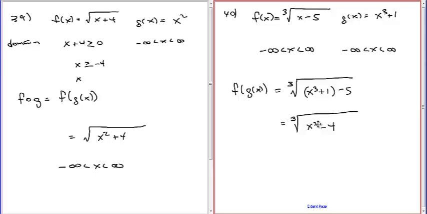So x cubed, the actual range of this function, is also all real numbers. It goes from negative infinity to positive infinity as far as the range is concerned. So this can be positive or negative, which is fine. So anyway, that's the composite function. And the domain is, again, all real numbers.